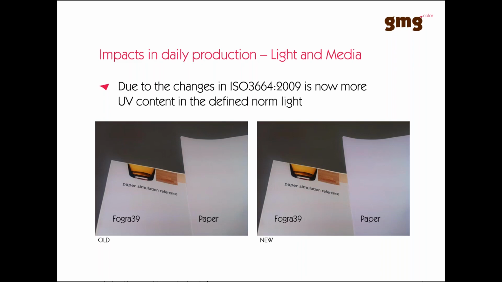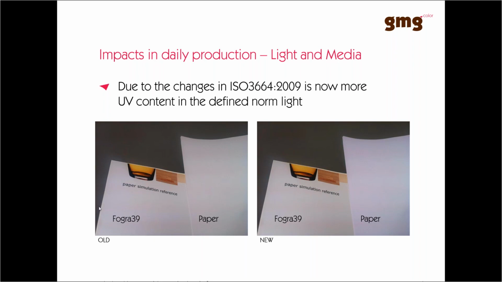Especially highlight like this example. What you can see here is just an image that we did that is showing the differences from the old to the new norm light bulbs, using now the new adapted ISO standard. So what you can see here on the left side is a proof, here written FOGRA 39.